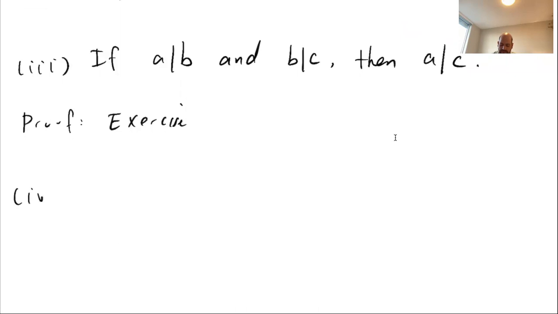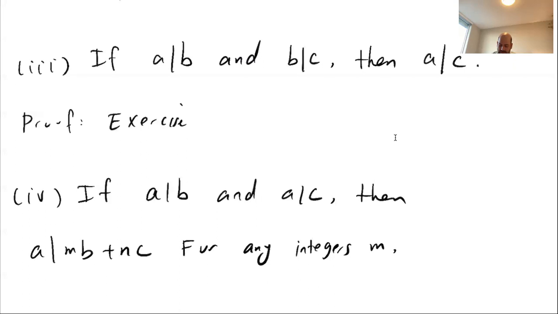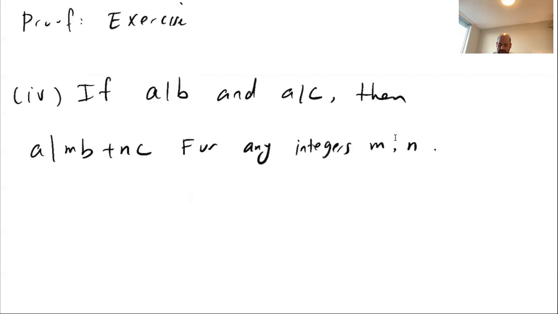And the next property: if A divides B and A divides C, then A divides MB plus NC for any integers M and N. The proof of this, again, we leave as an exercise.